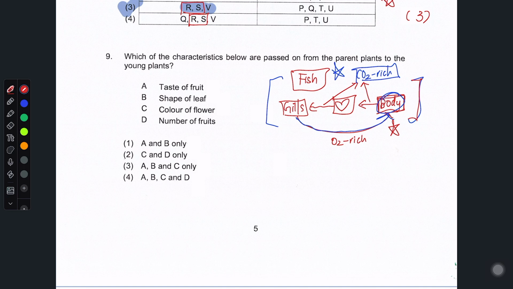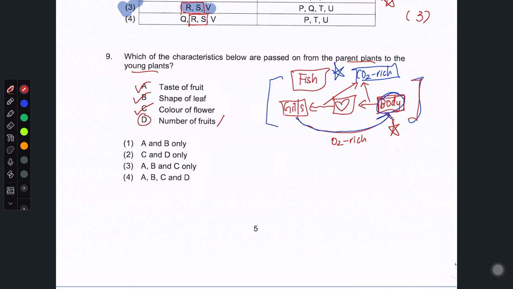Which of the characteristics below are passed on from the parent plant to the young plant? The taste of fruit, yes, whether it is sweet, salty, or sour. The shape of the leaf, yes. The color, yes, because this genetic information probably determines whether the plant is wind or animal pollinated.